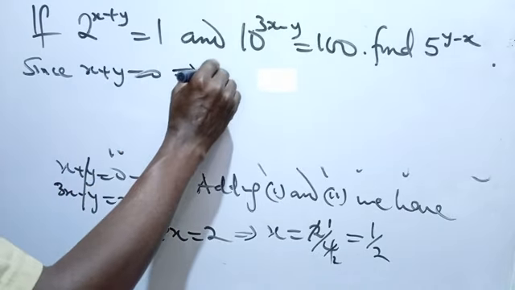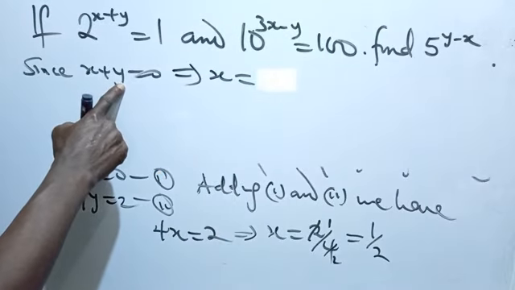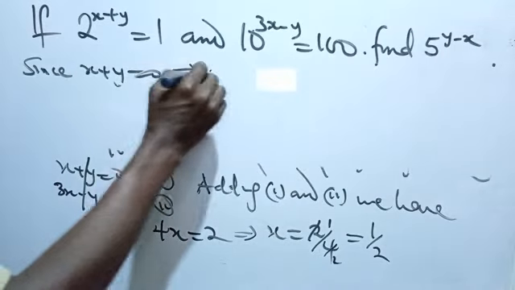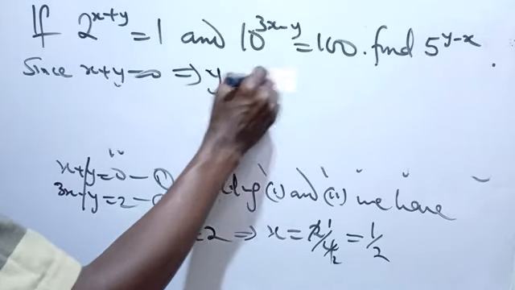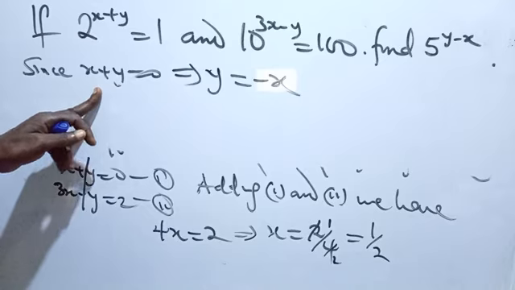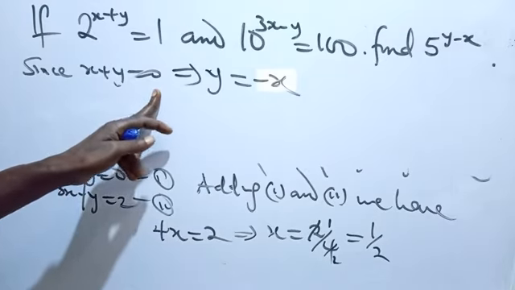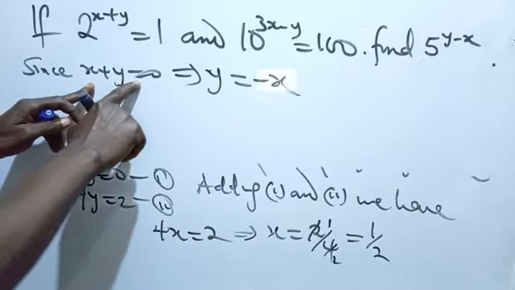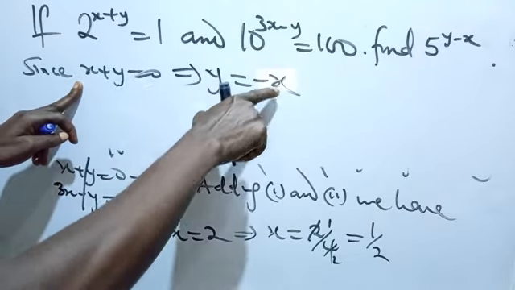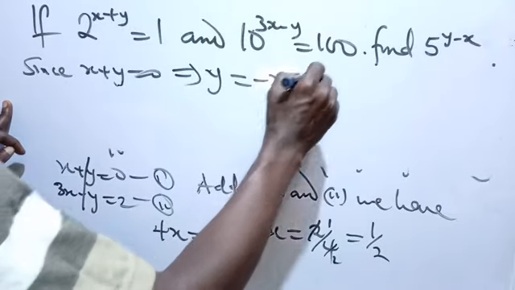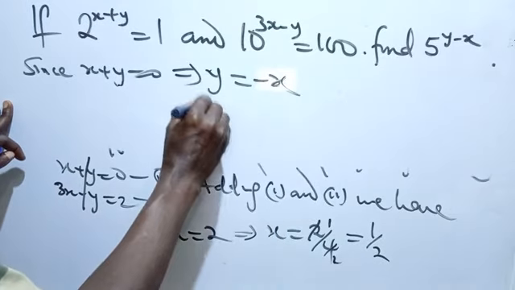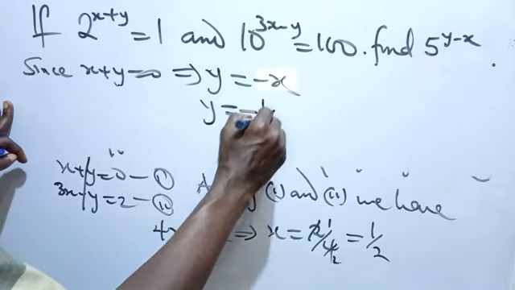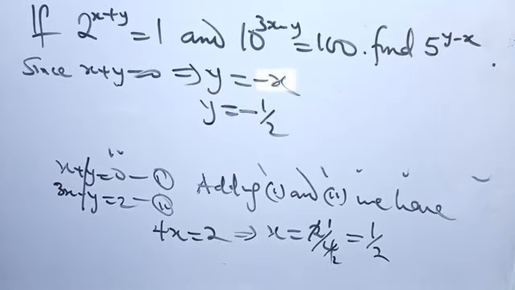This implies x equals minus y, and since we have gotten x, y will be equal to minus x. That is from equation 1. Since x plus y equals 0, you make y the subject: y equals minus x. What did we get for x? 1 over 2. So y equals minus 1 over 2.